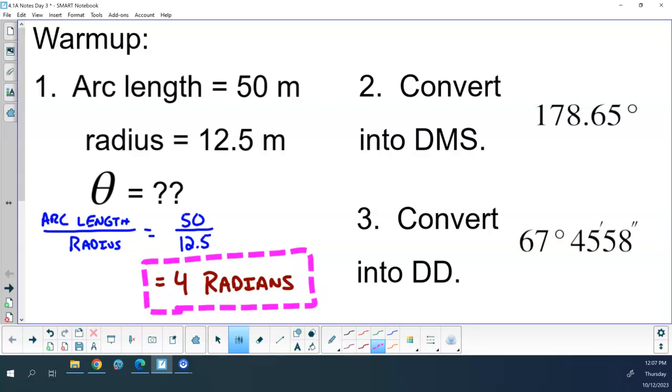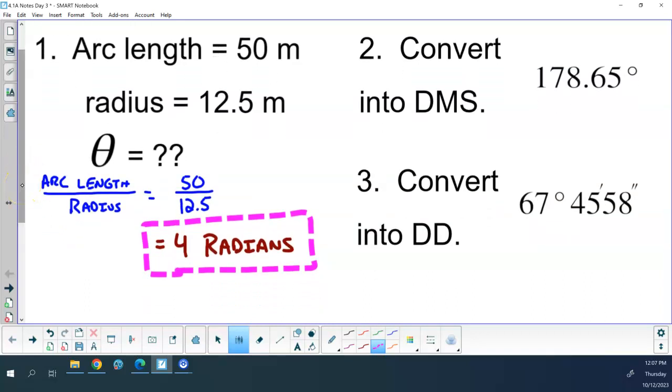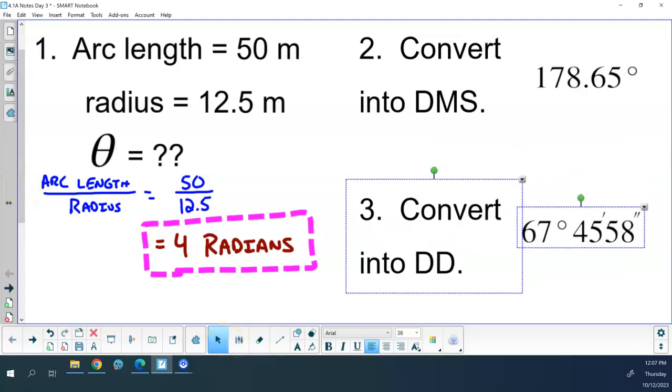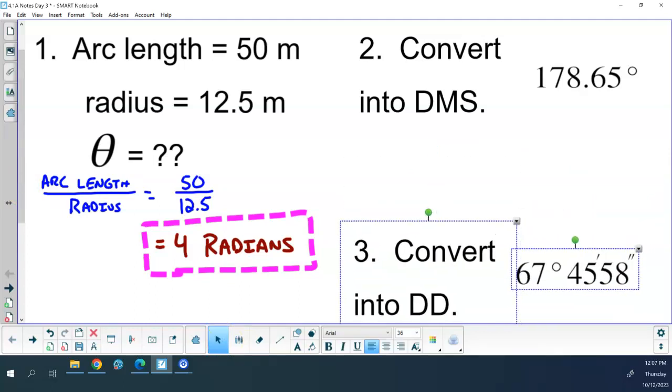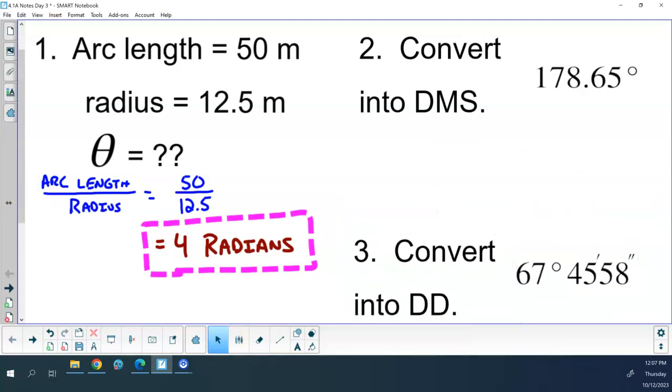Okay. Then in number 2, we need to convert that into degrees, minutes, and seconds. So I know for sure that it's going to be 178 degrees. I need to look at the 0.65, and I need to multiply that by 60. When I do that, I get 39.